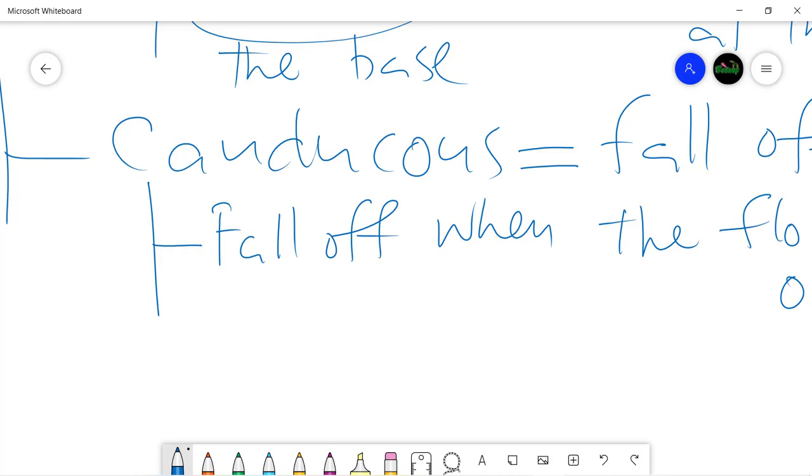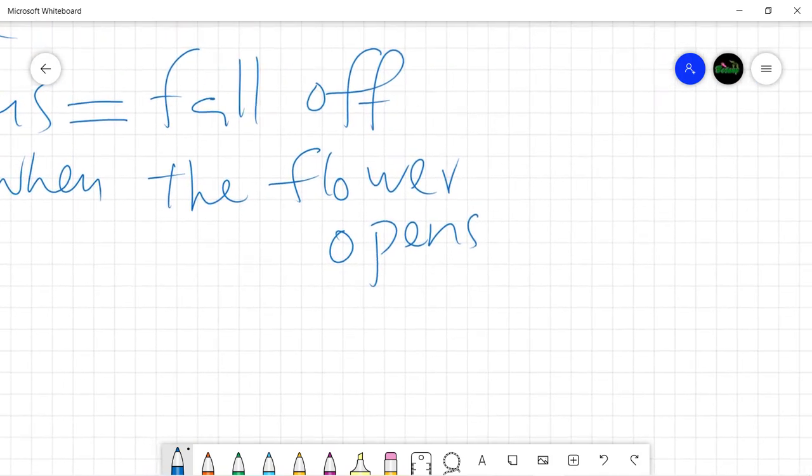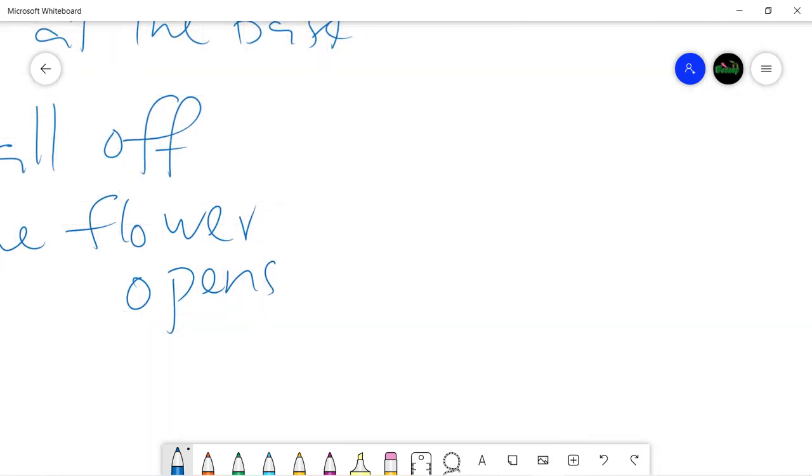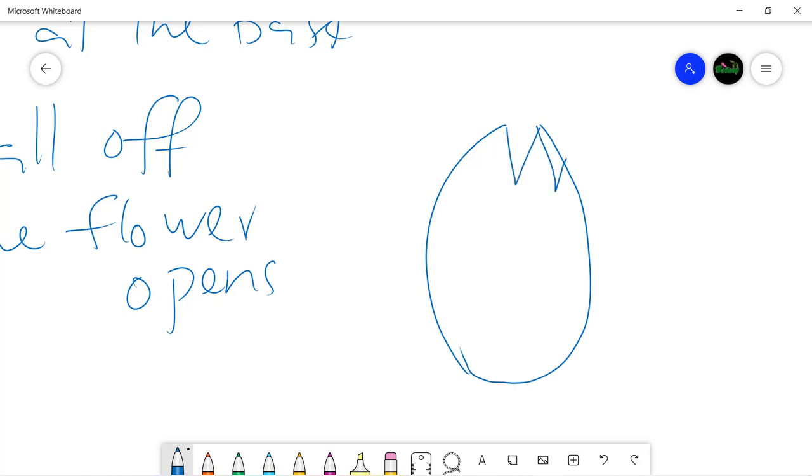So that is persistent. As you can see in family Solanaceae, for example, with tomato and brinjal, we can see the persistent calyx, for example, in brinjal. So this is the persistent calyx.